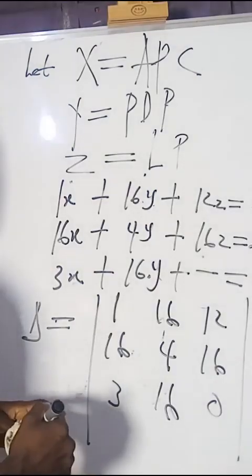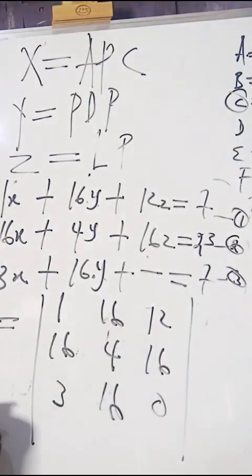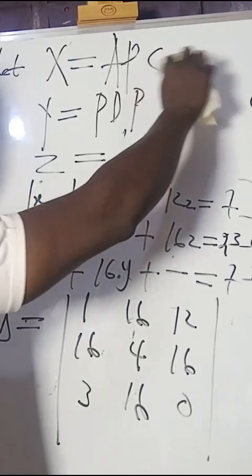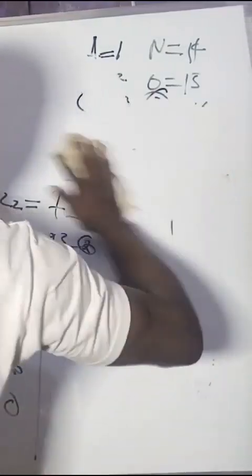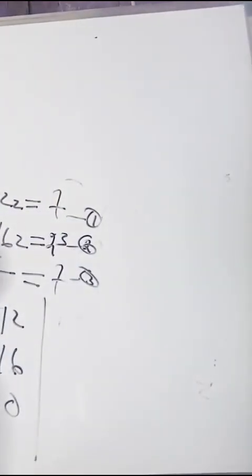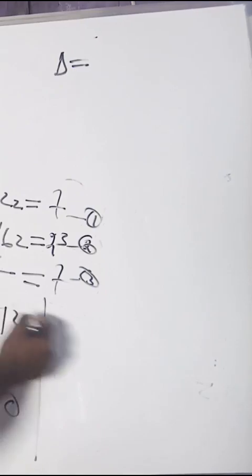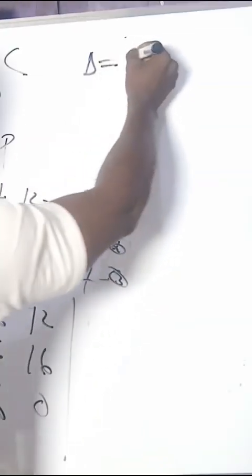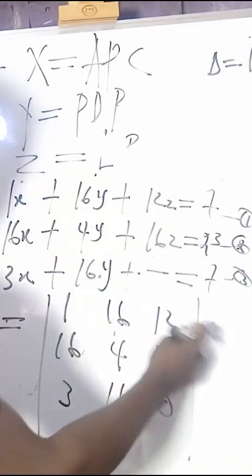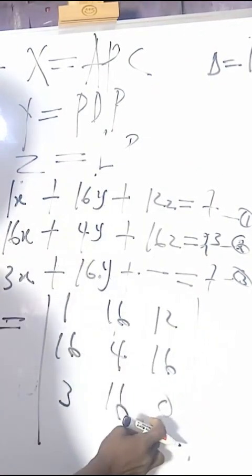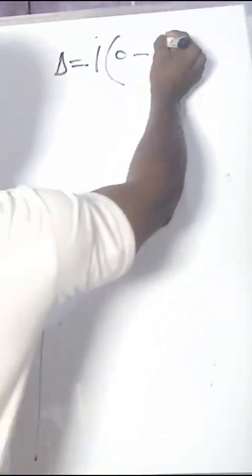Going by the rules of matrix, by the time we simplify this, we are going to obtain an expression of this nature: delta is equal to, first row, first column, 1 into bracket, 4 times 0, that will give us 0, minus 16 times 16.